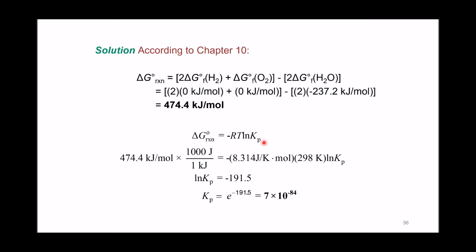And according to the formula right here, if you have a large positive delta G for the reaction, that is going to be automatically telling you that you have a significantly small equilibrium constant, significantly smaller than 1, which means you should expect your reaction to favor the reactants, not the products.